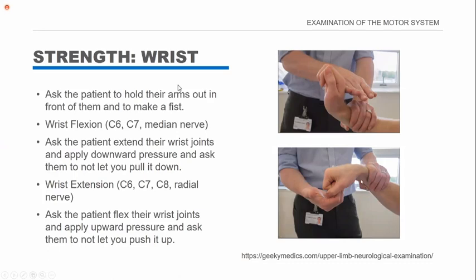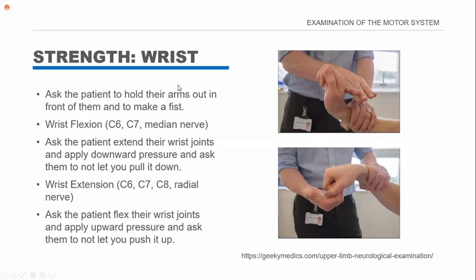Here you can see this is flexion of wrist, and this is extension of wrist. Ask the patient to extend their wrist joint and apply pressure, and ask them not to let you pull it down. Then for wrist flexion, ask the patient to flex their wrist joint and apply pressure, and ask them not to let you push it down.